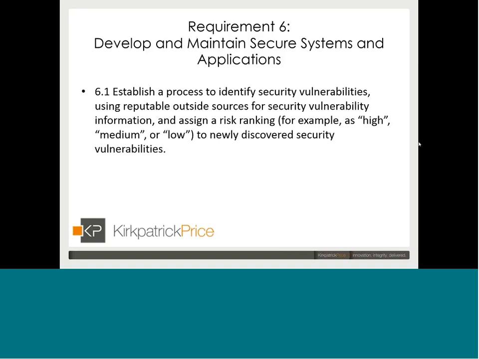Well, that's really an ongoing process, but you want to be subscribed to information that's coming out from your vendors, for example, Microsoft or any big software packages that you have.